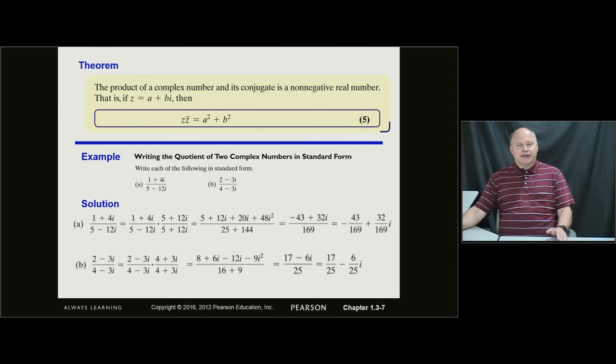And if you put it over 25, they're connected. So you have to be able to distinguish between what is the A and what's the B. So what's the A here? 17 over 25. What's the B? Negative 6 over 25. Is the step right before it correct? Yeah, it's correct, but it's not written correctly. And we have to write it in the correct form.